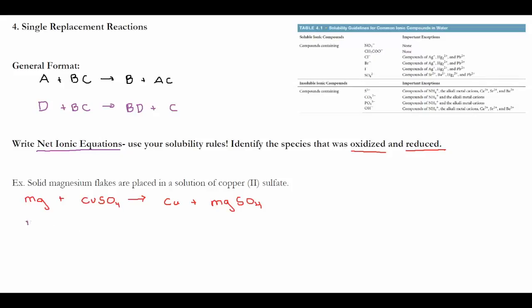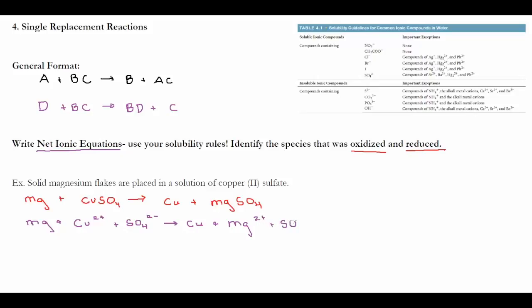So I'm going to write Mg plus, I'm going to break this apart now because it is soluble. So it's going to break up into its ions. So it's going to be copper with a 2+ charge, and then sulfate with a 2- charge. And then my product is going to be Cu, copper, and, well, if you look, magnesium sulfate is also soluble, so it's going to break up into its ions, so it's going to be magnesium ion and sulfate ion.